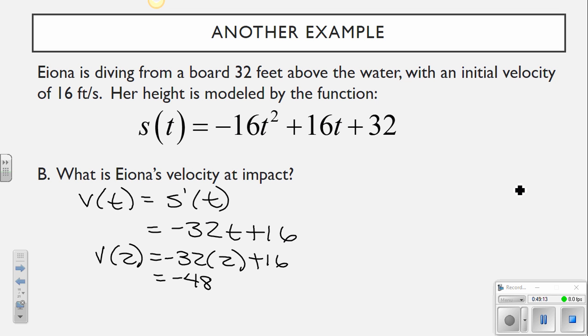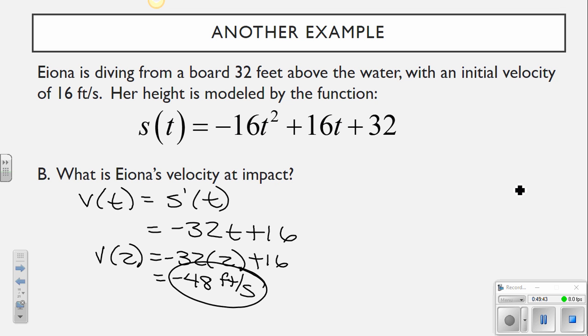Negative 48. Iona, you've got that big force field, because you're going that fast. So this would be feet per what? Feet per second. You guys see why it's negative? Because she's traveling which way? Downward, right?